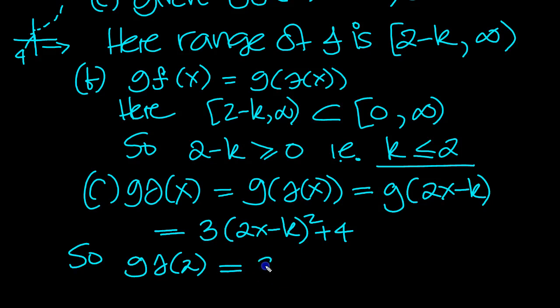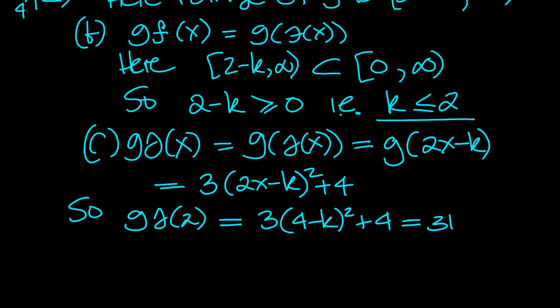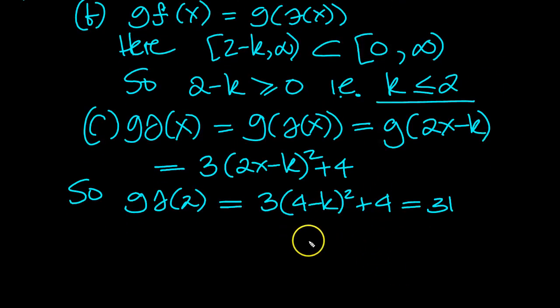So if we put 2 back in now, g of f of 2 is equal to 3 times 4 minus k, since 2 twos are 4, squared, plus 4. And that equals 31, from the question. So now we just need to solve for k.